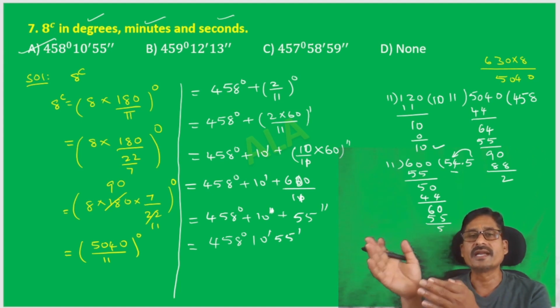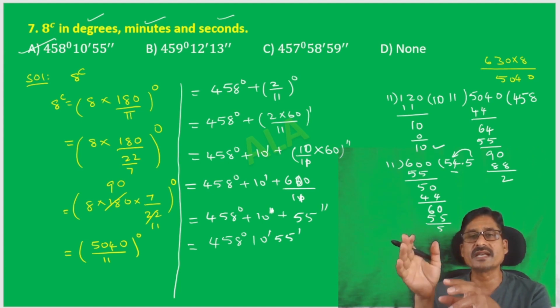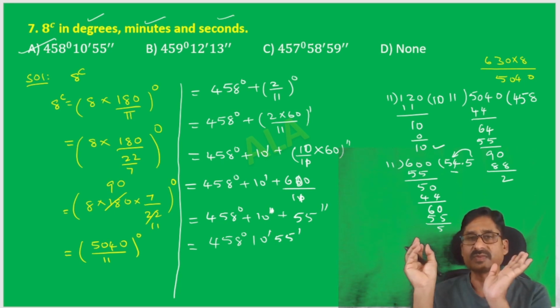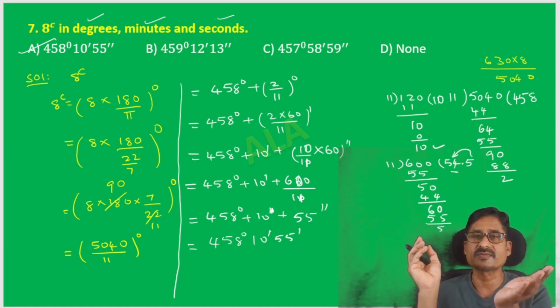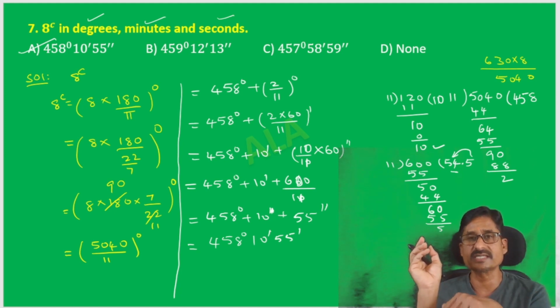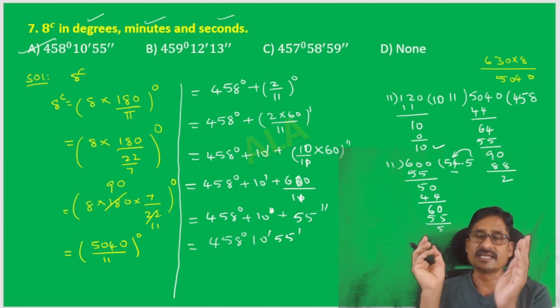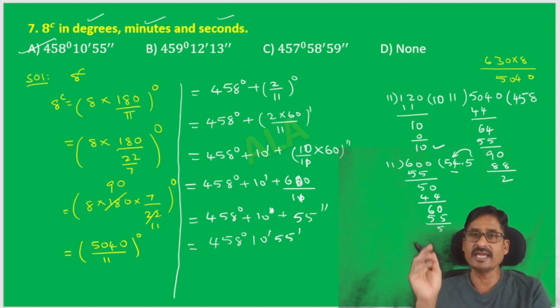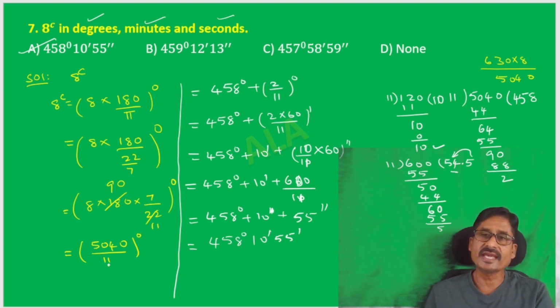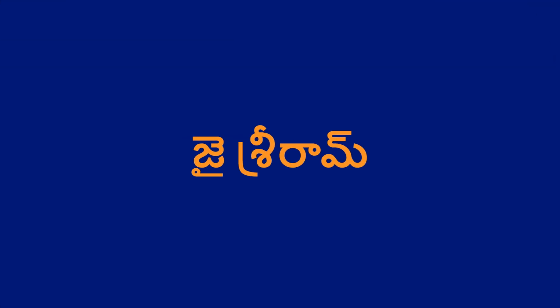Up to the end of this you do the division, and in case of seconds we write the decimal places also. Correct it to 1 decimal place, or otherwise correct the integer part to the nearest complete number. So like this we convert radians into the sexagesimal system in degrees.